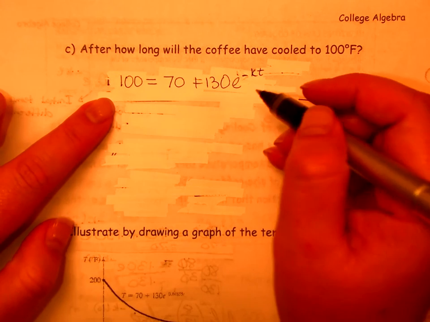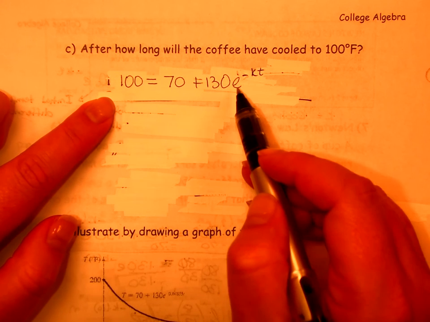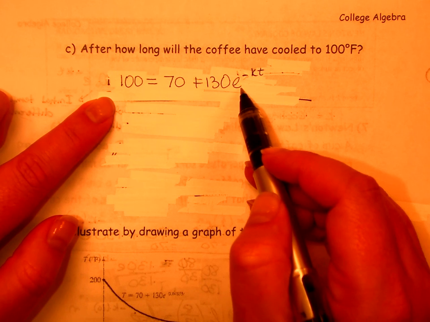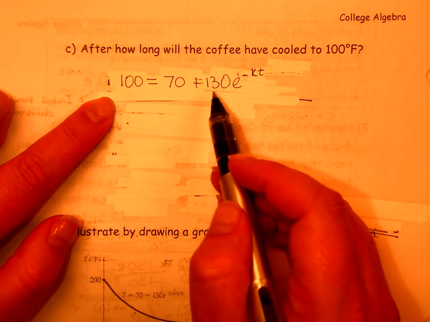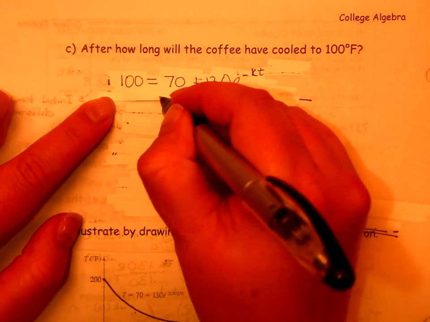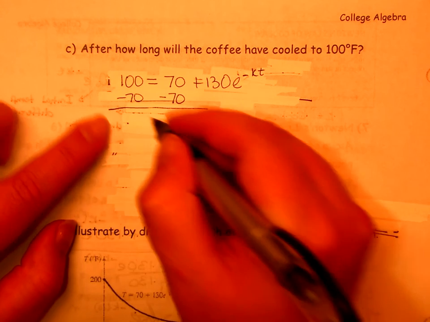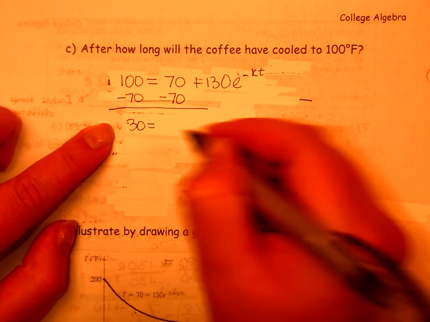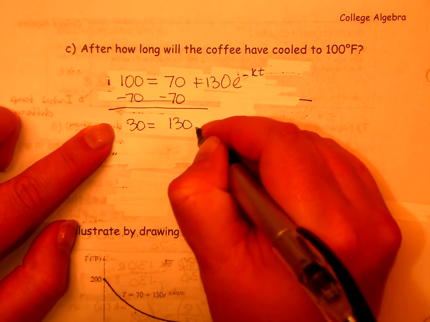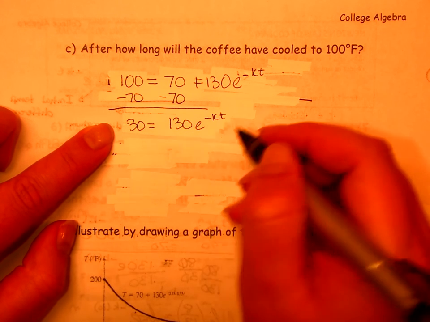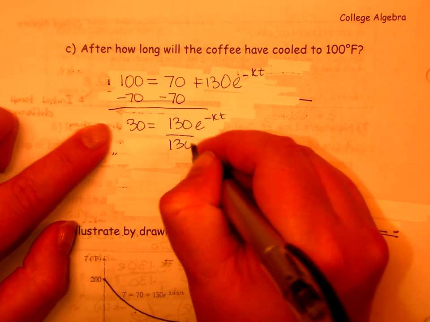So again, I have 130 being multiplied times our exponential and 70 being added to our exponential. So what we want to do is subtract 70 first. All right, so I want to get 30 equals 130 e to the negative kt. Then divide by 130.